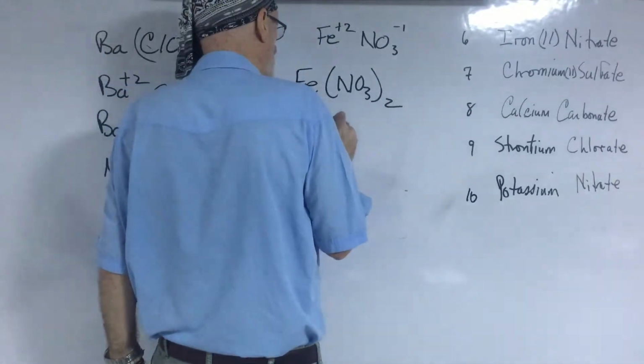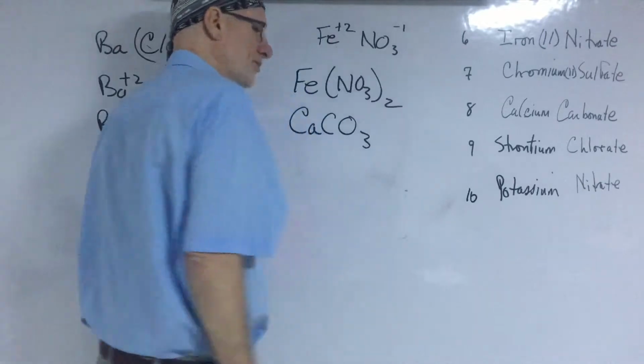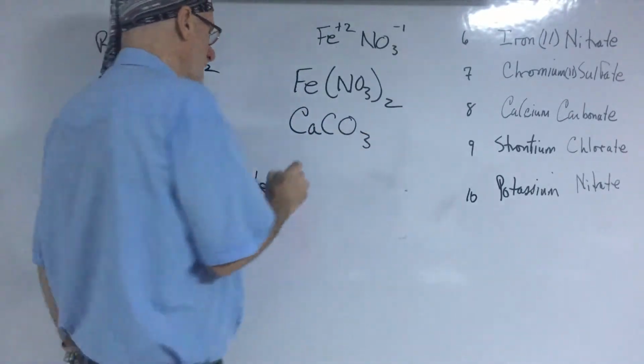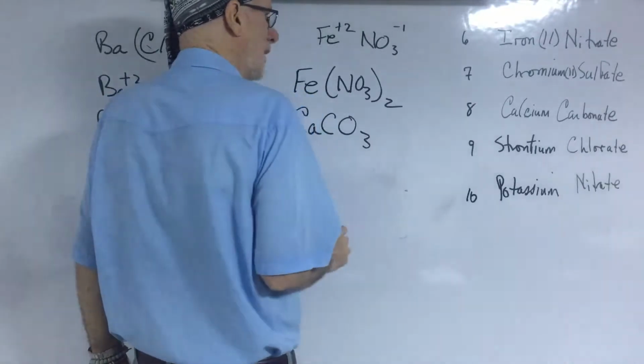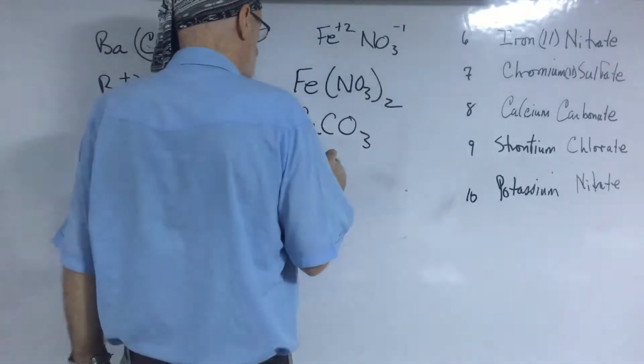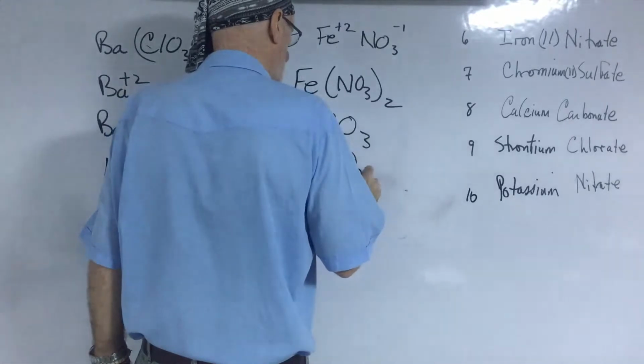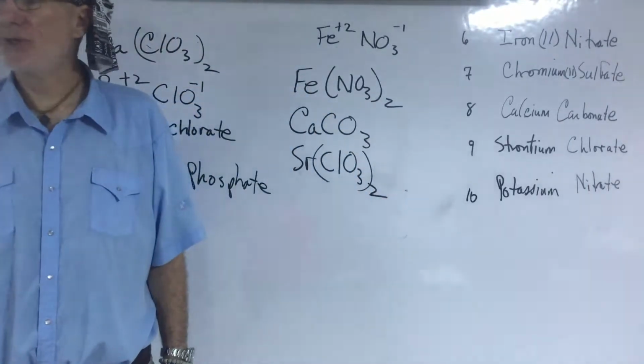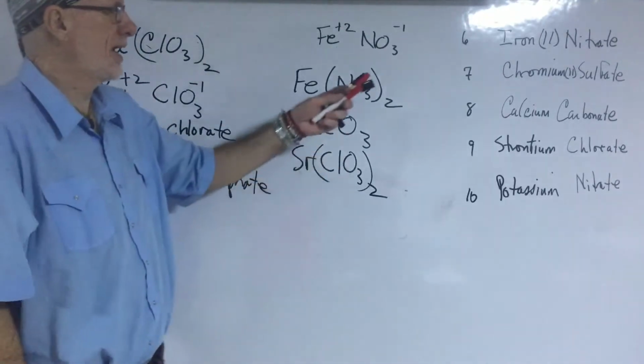Calcium carbonate +2, -2, so CaCO3. And strontium chlorate. So you skip 7. I skipped? All right, I'll go back. Strontium chlorate. Strontium is +2. Okay? What did we forget?